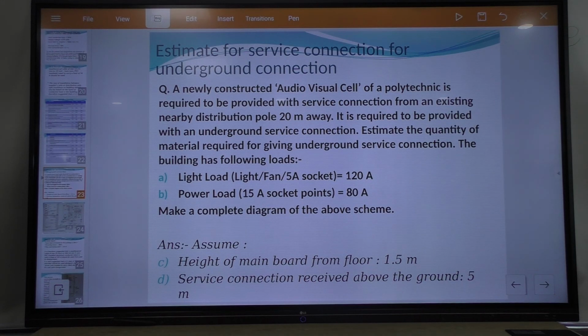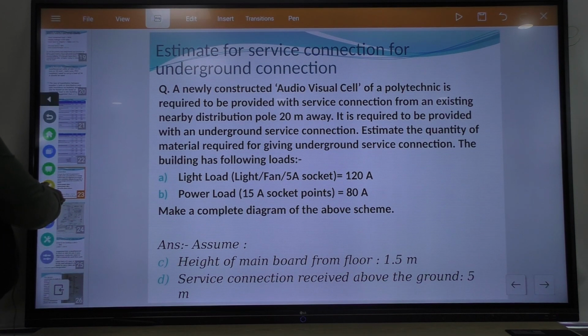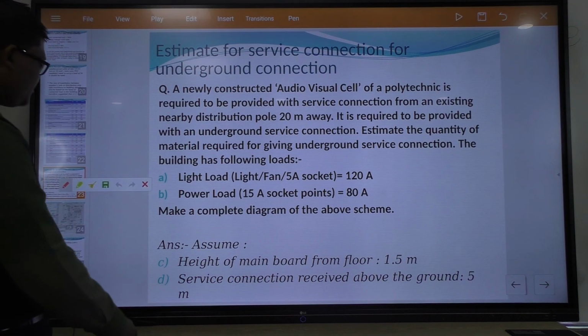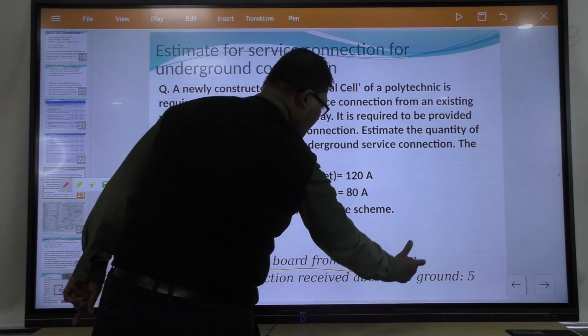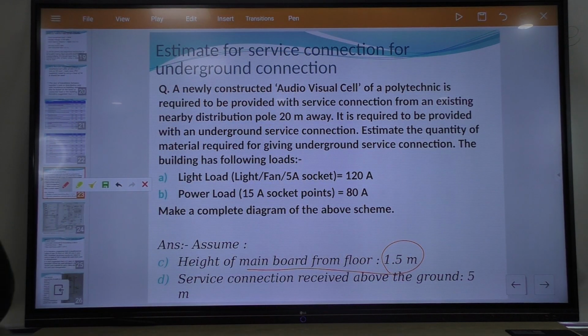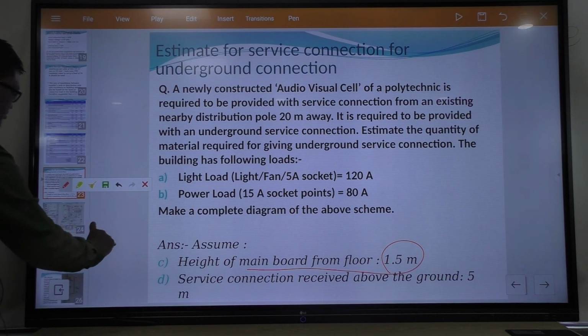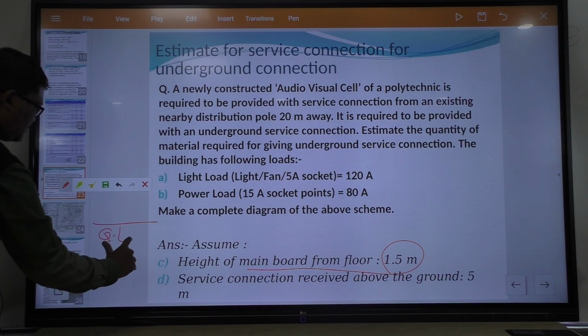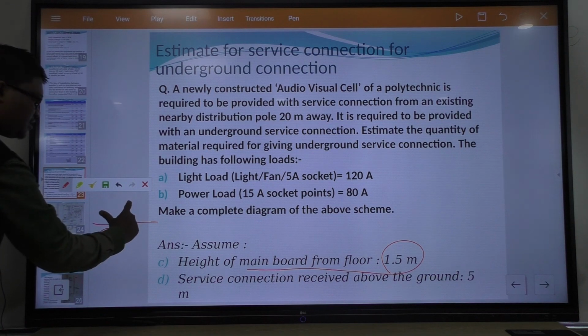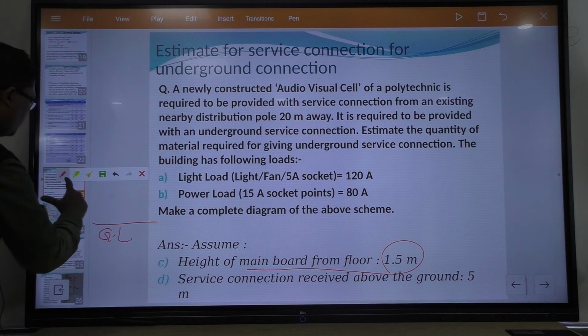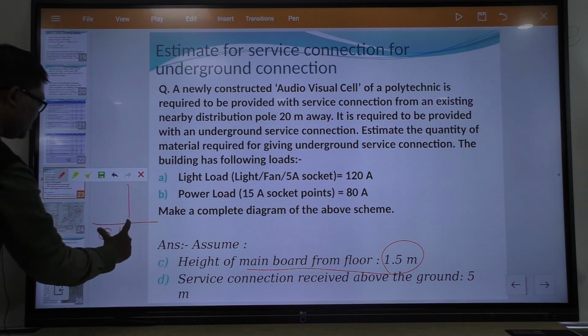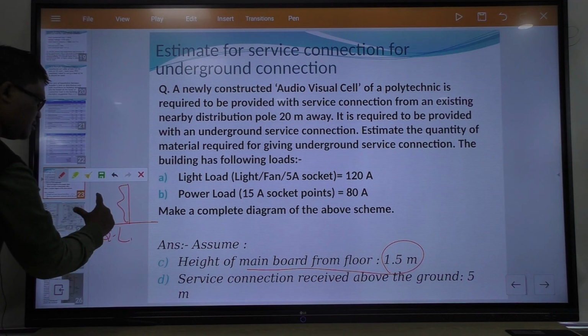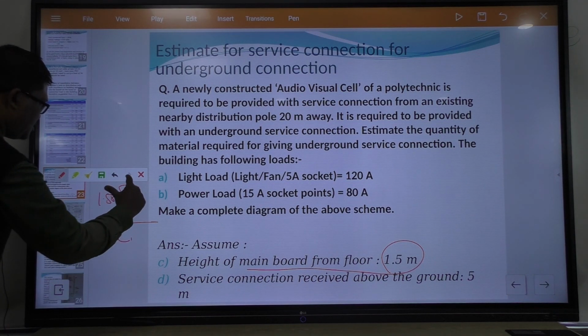So, height of the main board from floor. Height of the main board from floor is 1.5 meter. That means if we take this as ground level, then our meter board will be at 1.5 meter.